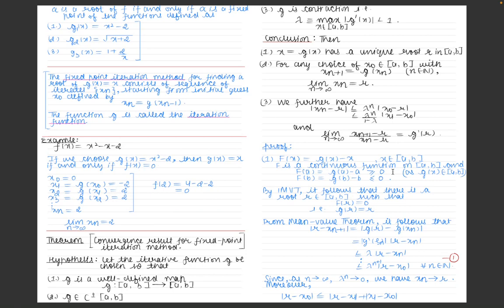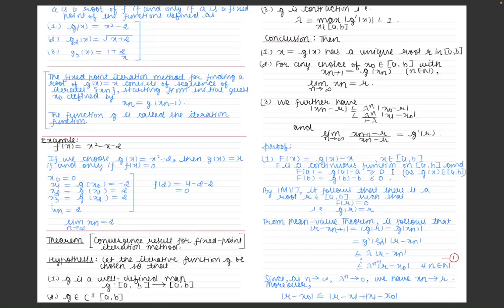So from mean value theorem it follows that modulus of r minus x_{n+1}, which is nothing but g of r minus g of x_n, the way we have defined the iterative sequence, will be some g dash xi_n times mod of r minus x_n.